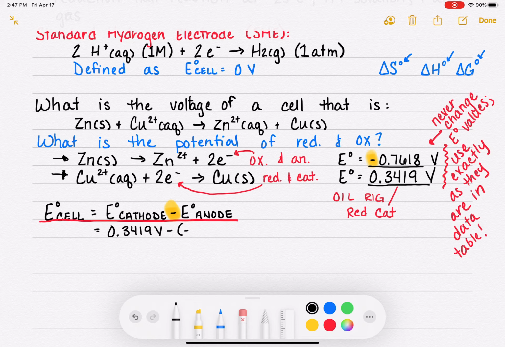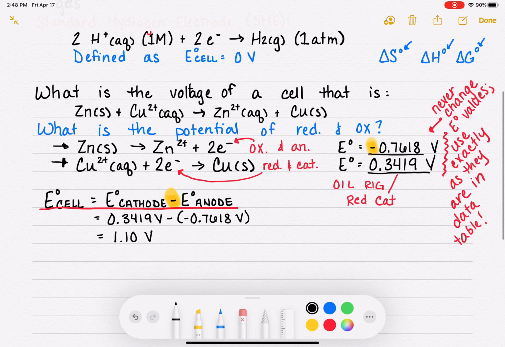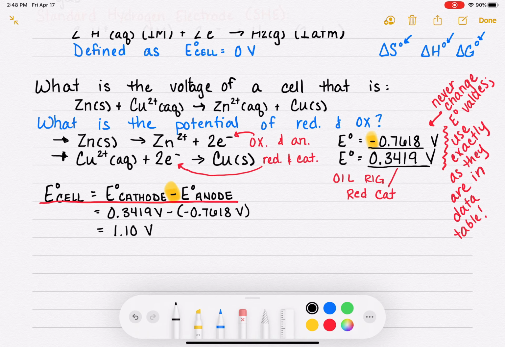So we do not want to change the values or the signs on our tabulated data, because the E-cell equation has that built into it for us. And so this works out to be 1.10 volts. That is the potential, the voltage of this cell. 1.1 volts is how many volts are exchanged in this particular redox reaction.